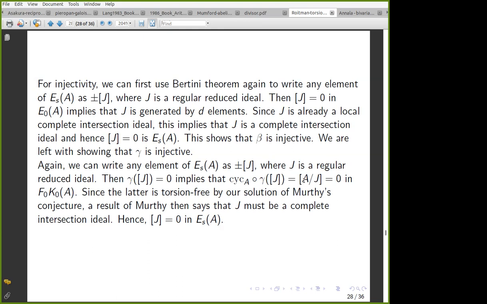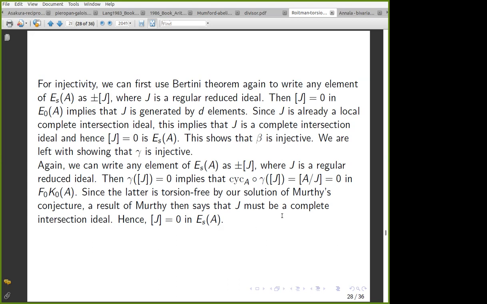But then if you have a local complete intersection regular ideal J whose class dies in K0, namely A mod J, and if F0 K0 is torsion free, then Murthy already proved that J must be a complete intersection. But again, it uses Murthy's conjecture. Now we know this, so it follows that J must be 0 in ES of A. So it proves that gamma is injective, gamma is clearly surjective, so it's an isomorphism.